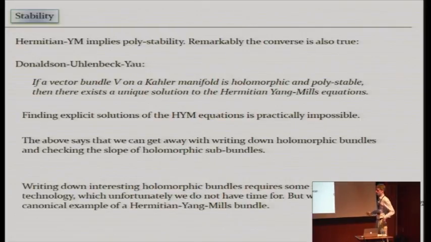Another interesting way to construct bundles is you take a Calabi-Yau which is elliptically fibered, and then you take T-dualities along the elliptic fibers, which gives you a spectral cover, an algebraic divisor which you can write down explicitly. That's all a very nice story, but it's too technically complex to go into here. But just so you know, we certainly know how to write down holomorphic bundles, and then proving that there exists a solution of the Hermitian-Mills equations just boils down to showing that those holomorphic bundles are polystable.